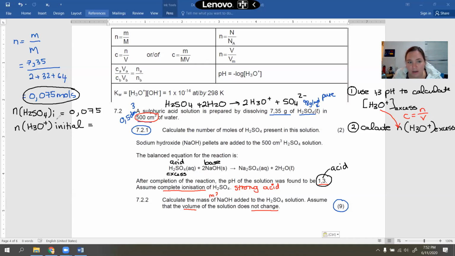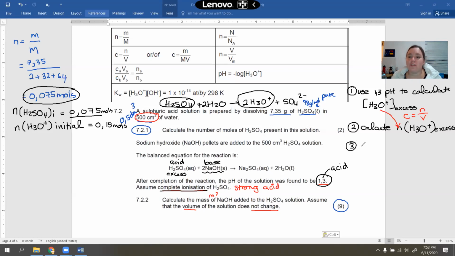So if this is this value in moles, then the initial amount of H3O+, which was produced by the complete ionization, will be twice as much. So I know that I actually start with 0.15 moles. If I know how much I had initially and how much I had at the end, I can know how much reacted with my sodium hydroxide.